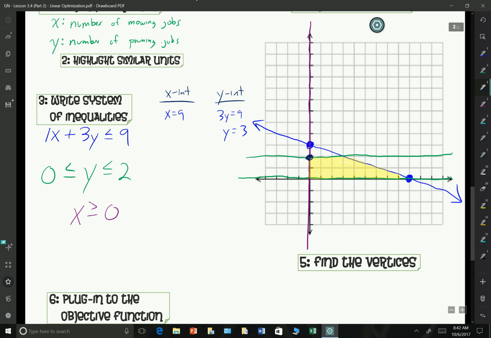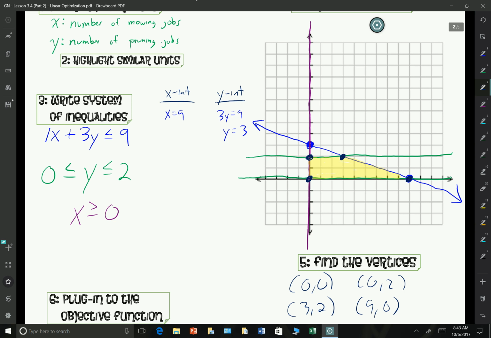And I see the vertices. I have 0, 0, 0, 2, 3, 2, and it looks like 9, 0. Not bad.